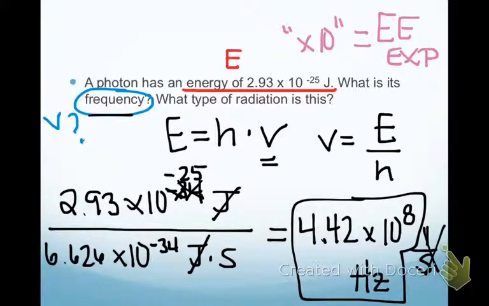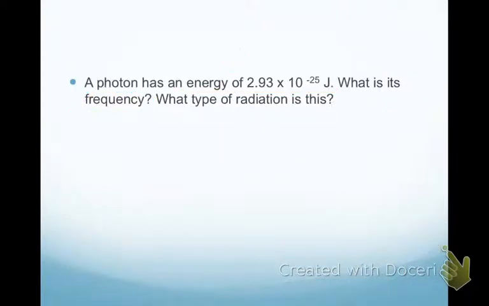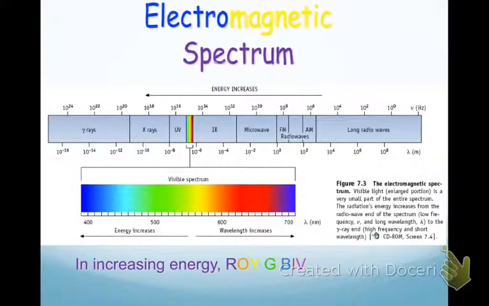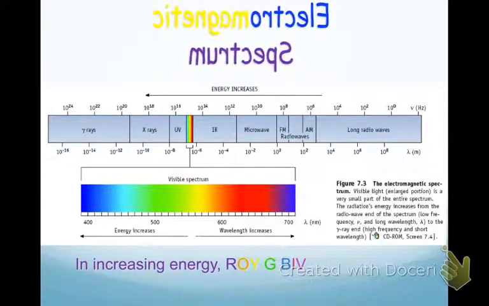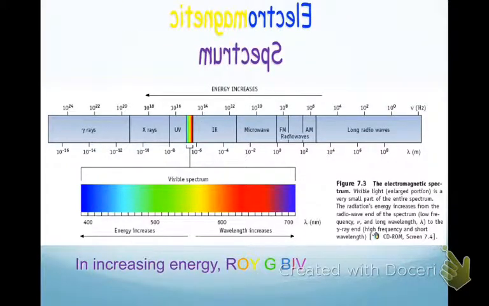If I were to find the type of radiation, I would need an electromagnetic radiation spectrum to do that. So I'll jump ahead, write this number down, I'll jump ahead to the next slide here. And so my frequency was 4.42 times 10 to the 8th hertz.